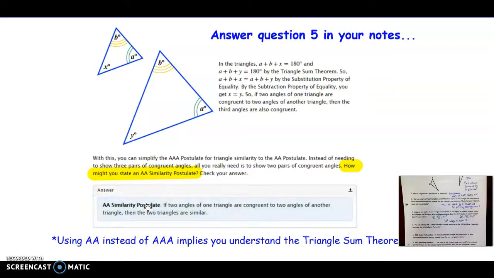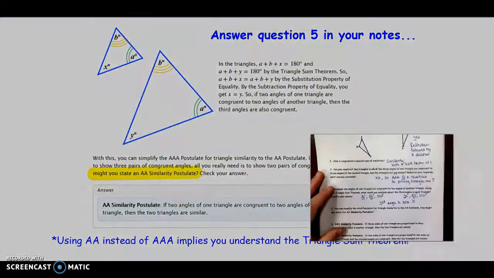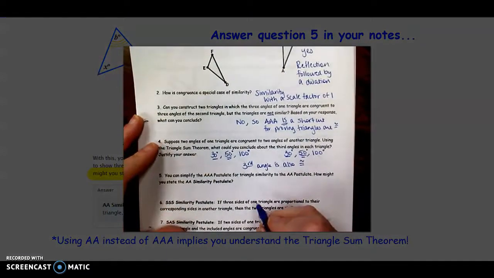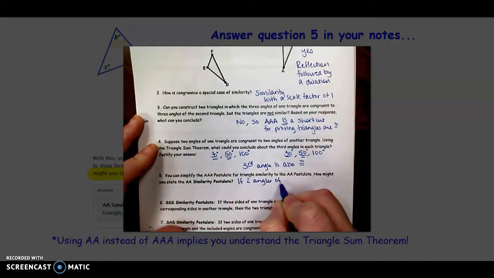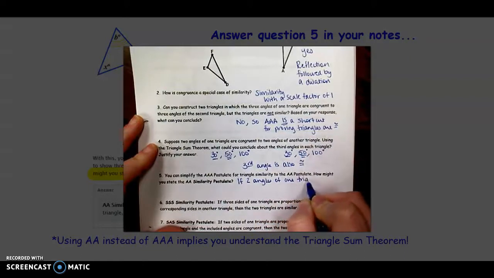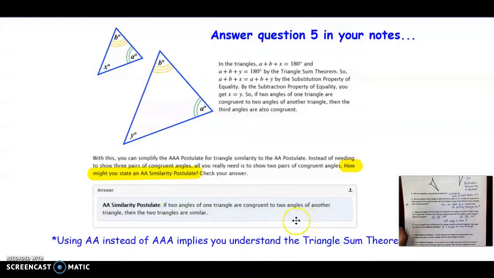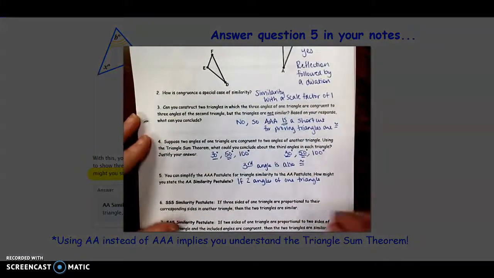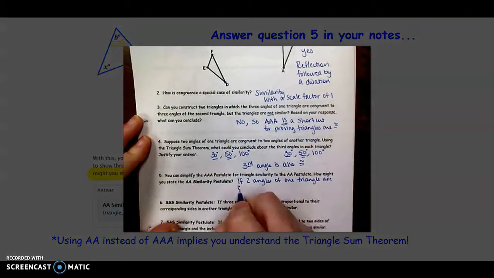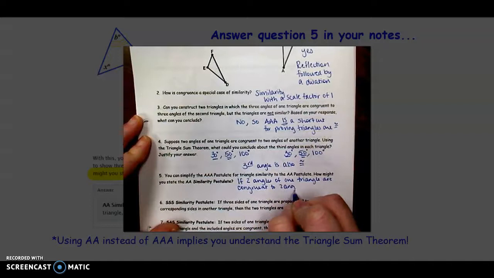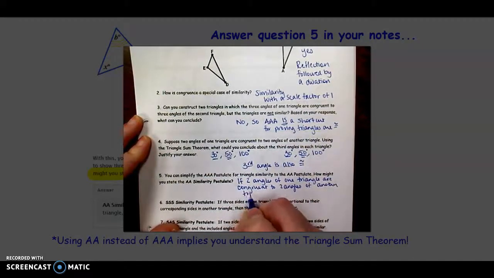The AA similarity postulate says if 2 angles of one triangle, so that's what you're writing here, if 2 angles of one triangle are congruent to 2 angles of another triangle, then the triangles are similar.